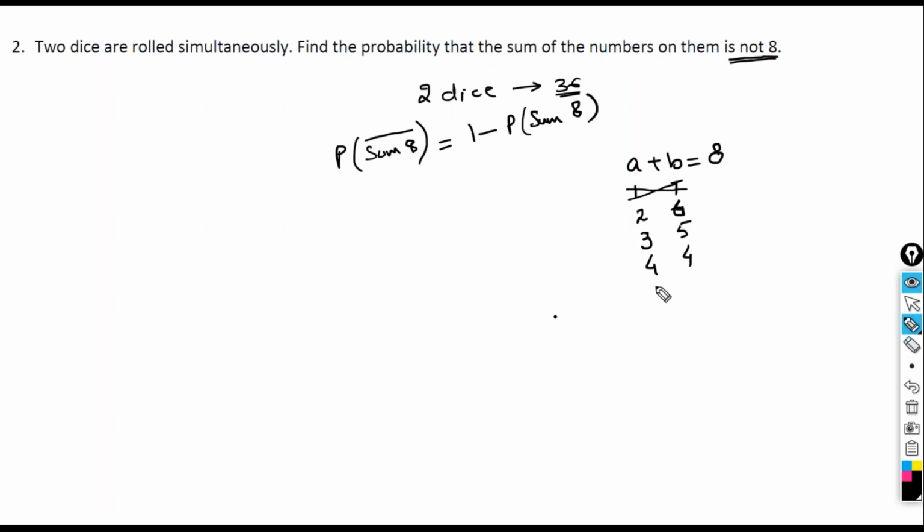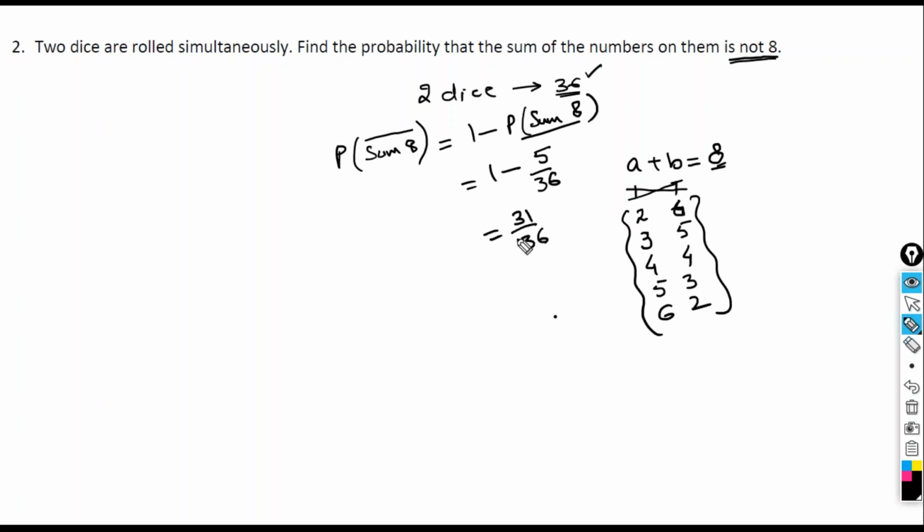It can be 4 and 4 on both. It can be 5 and 3. It can be 6 and 2. So there are a total of 5 outcomes possible out of 36 when the sum is 8. So the probability that the sum is 8 is 5 by 36. On simplifying this, the answer comes out to be 31 by 36.